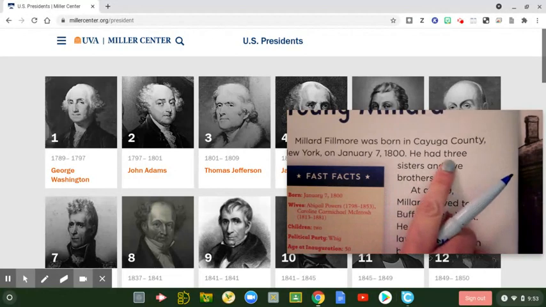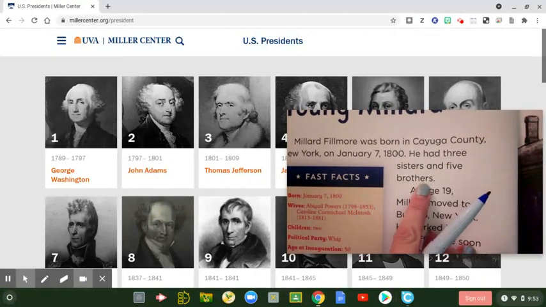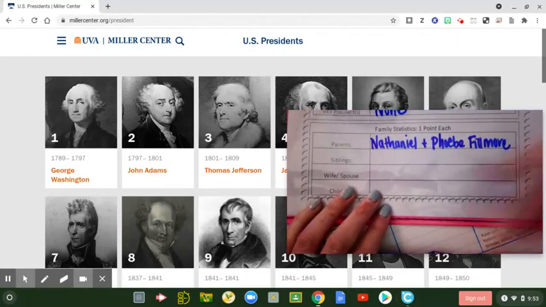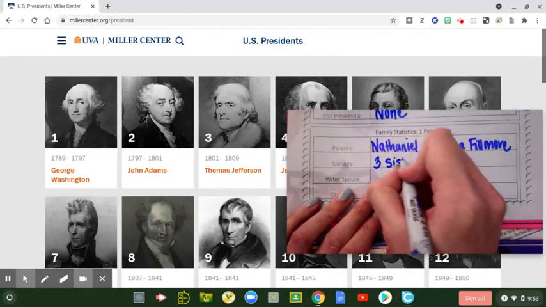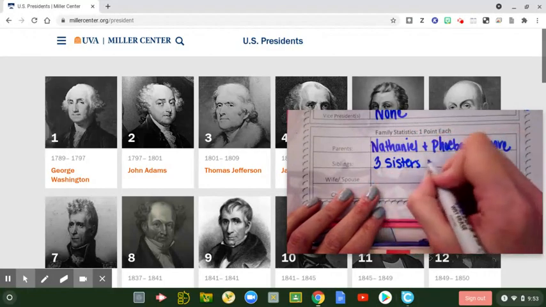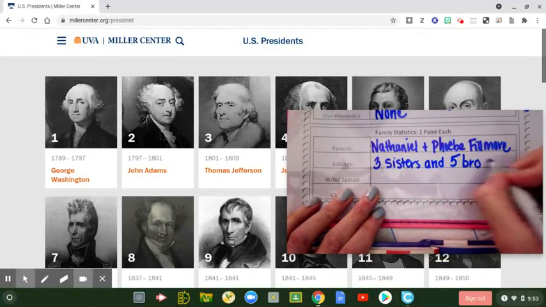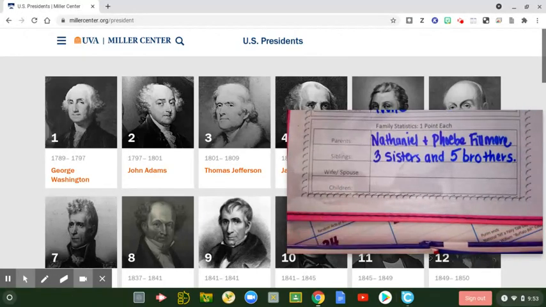He had 3 sisters and 5 brothers. We don't know their names, so we're going to put down 3 sisters and 5 brothers. Okay. All right. So it's okay if you don't know their names. Not a big deal.